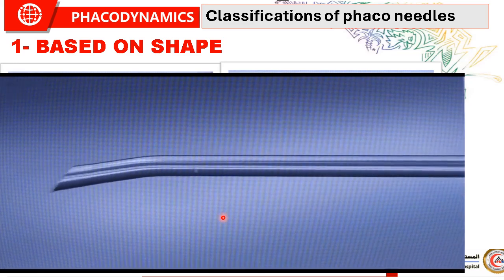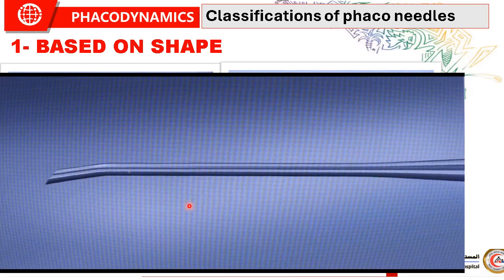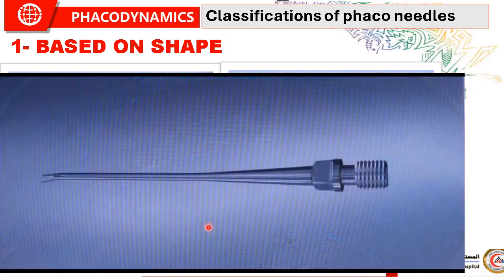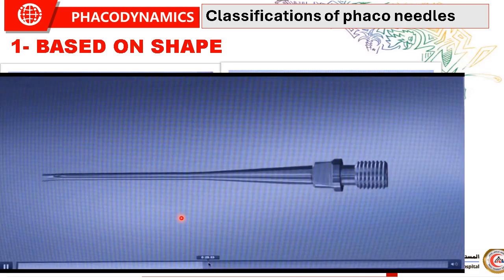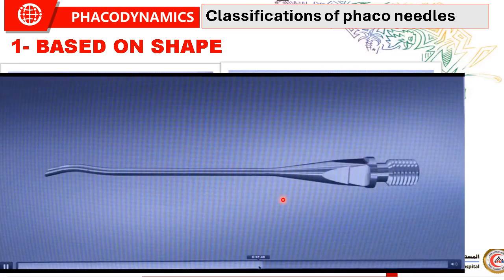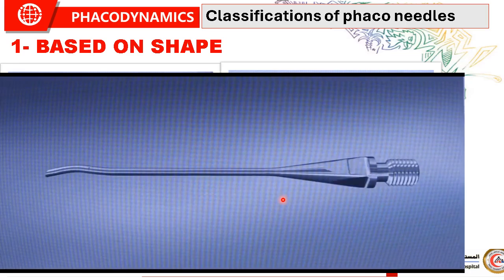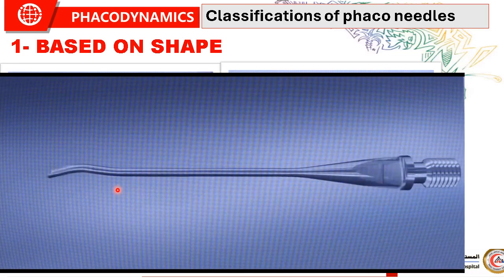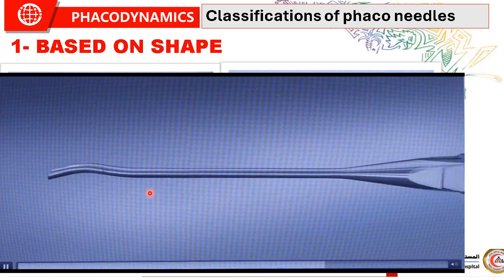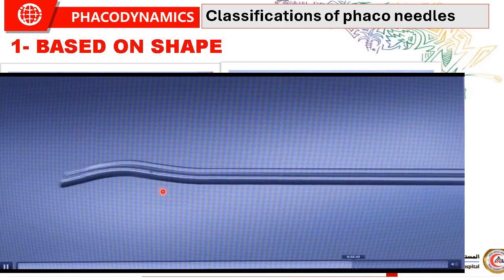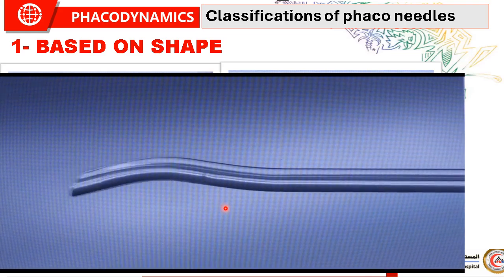This is the Kelman tip, and this is the opening, the aspiration bypass system, that helps the emulsification because of this angulation, and also protects against heat production. The heat production in the Kelman tip is more than the balanced tip. Now, with the balanced tip, the heat production is less, and with the long stroke length, the maximum stroke length is more with the balanced tip. This is the balanced tip. Okay, and this is the aspiration bypass system.